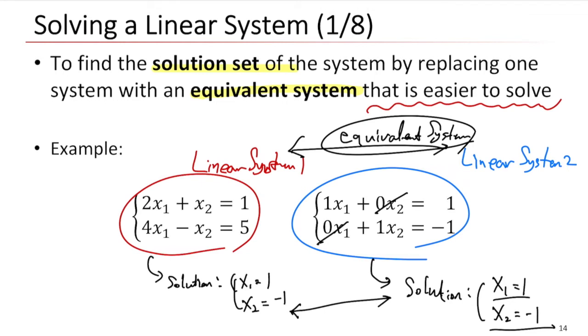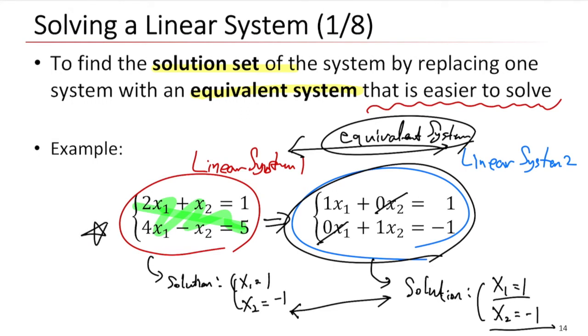So what we want to do is, if we have a linear system that we need to solve, and we can transform or convert it to another linear system like this that is easier to solve, we can solve the original linear system more efficiently, right?